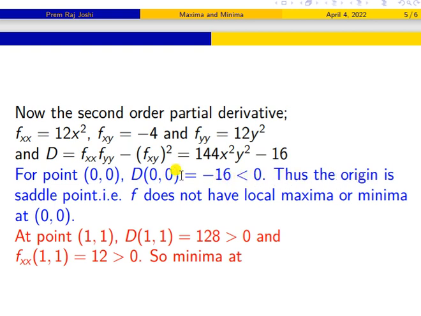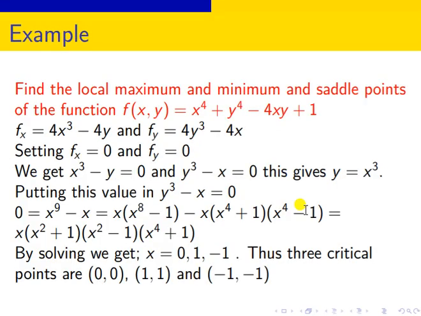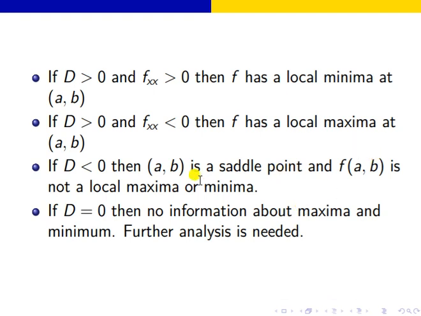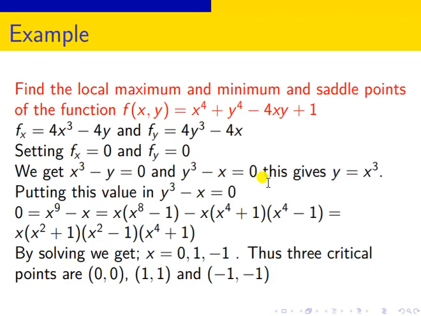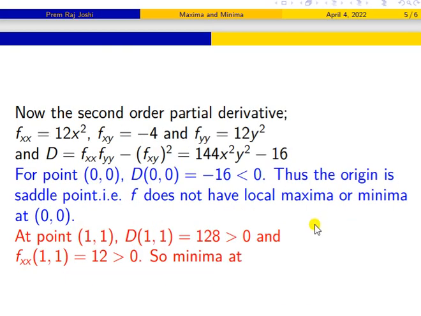Thus the origin is a saddle point. If we look at the condition, if D is less than 0, then that point represents a saddle point. So f does not have a local maxima or minima at 0 0.